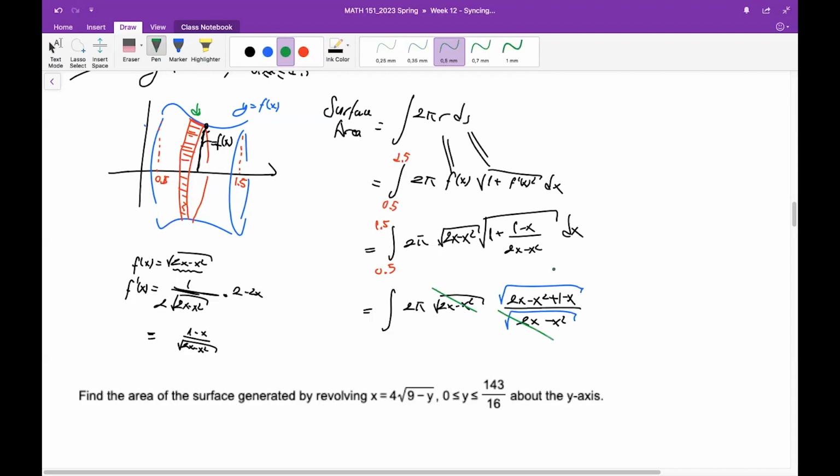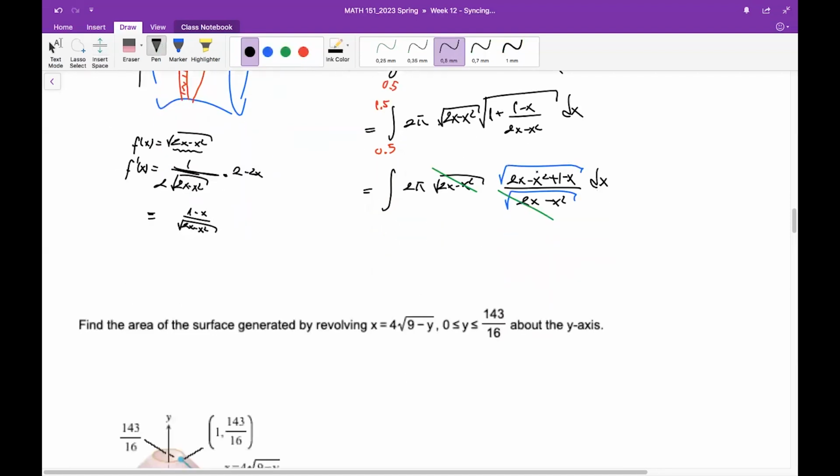Also, let me see. Also here, I guess I have some simplifications. So what we have there is, let me write them down again. So here inside the square root, I think we have minus x squared plus x plus 1, right?